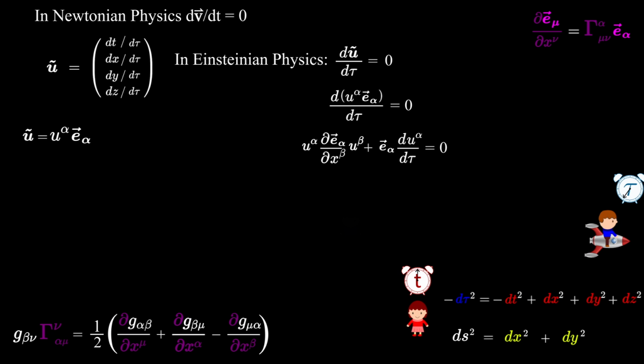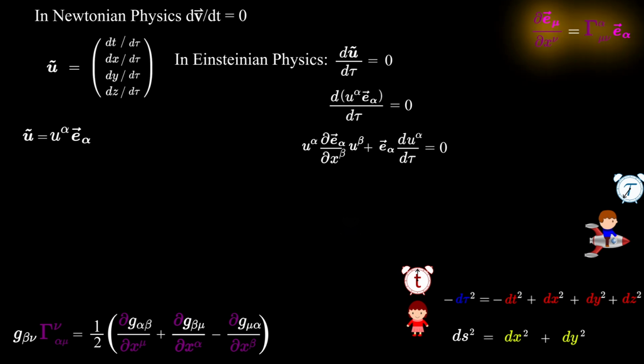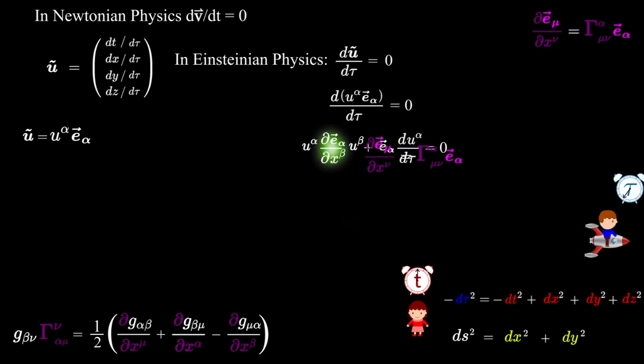Now it's time to use our definition of the Christoffel symbols to replace ∂e_α/∂x^β. Let's change the mu's to alphas, the nu's to betas, and our alphas to nu's because they are being summed over and we don't want to confuse them with our other alpha that is not being summed over. Now we're ready to replace ∂e_α/∂x^β in the equation. So let's do that.